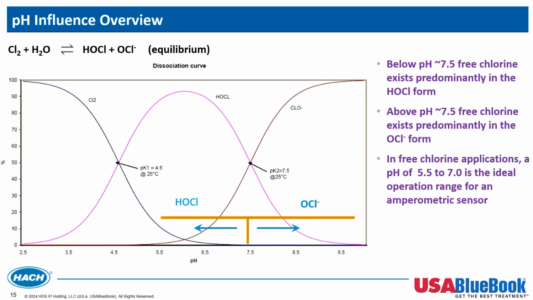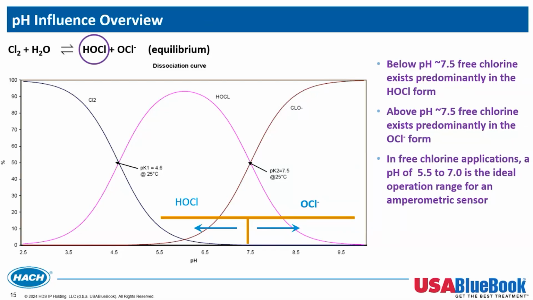All right, this slide gives you major parts of the pH influence. And pH influence starts here when you dissolve chlorine in the water. Even when you dissolve hypochlorite in the water, it creates this equilibrium here. Why is this equilibrium important?